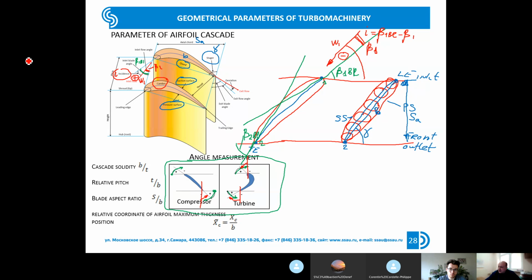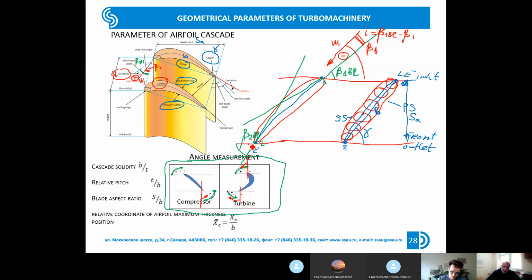The value of the incidence angle or angle of attack depends on the flow condition, depends on the operating mode, and it could change during the operating process, and especially for compressors, it could be the reason for unstable processes, it could be the reason for separation of the flow. At the outlet, we have approximately the same situation.